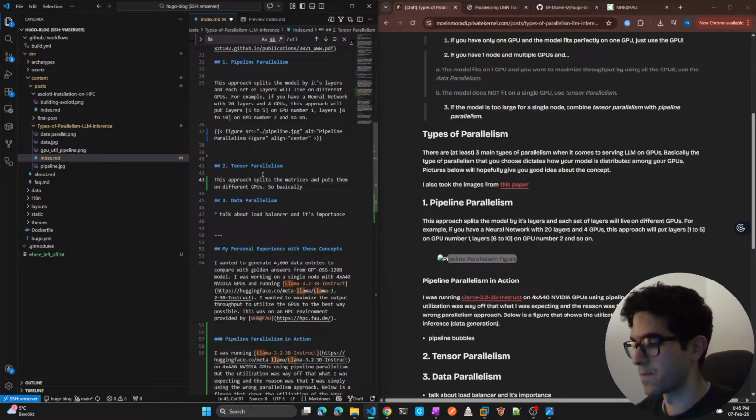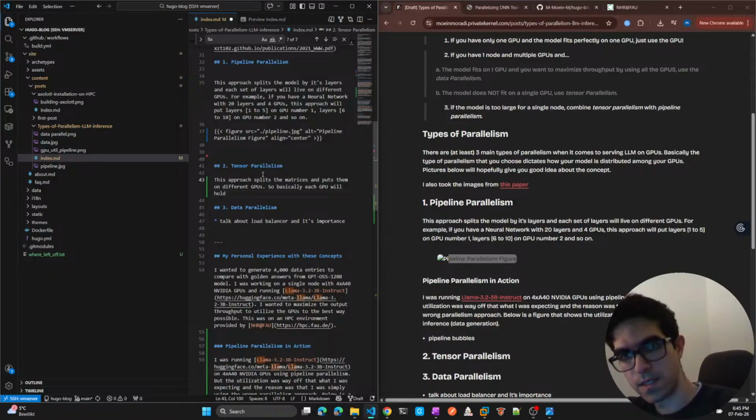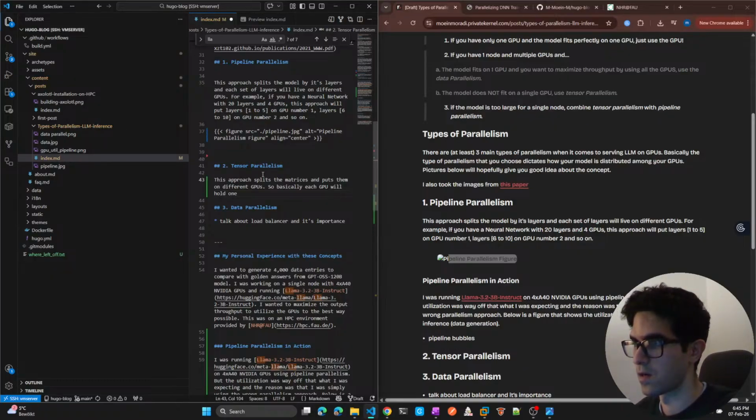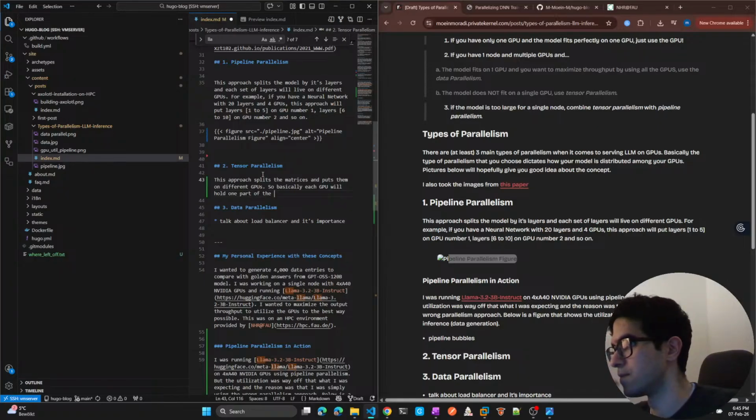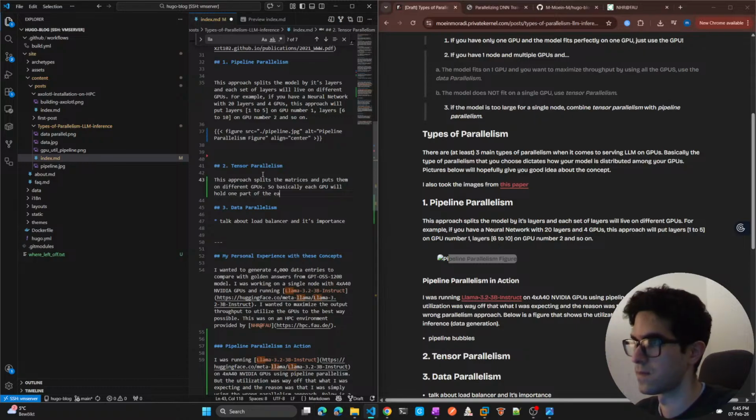So basically, each GPU will hold one part of each layer.